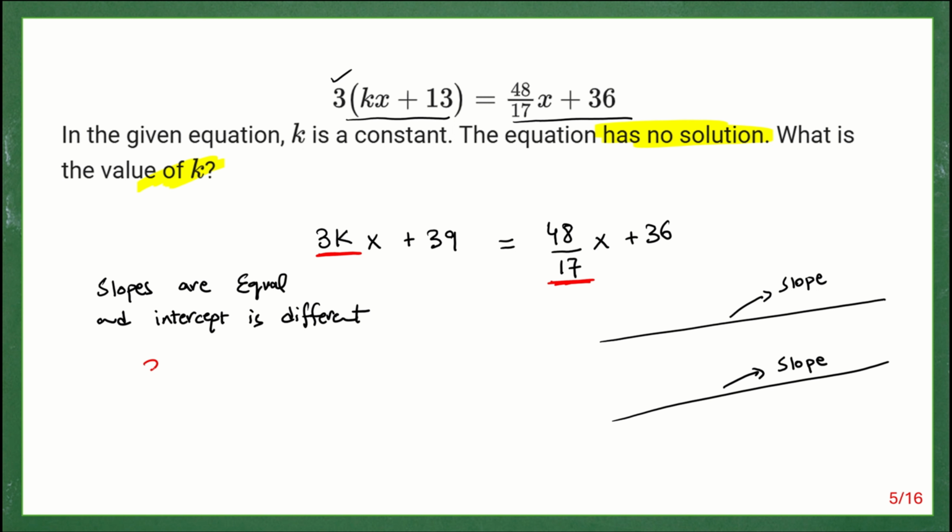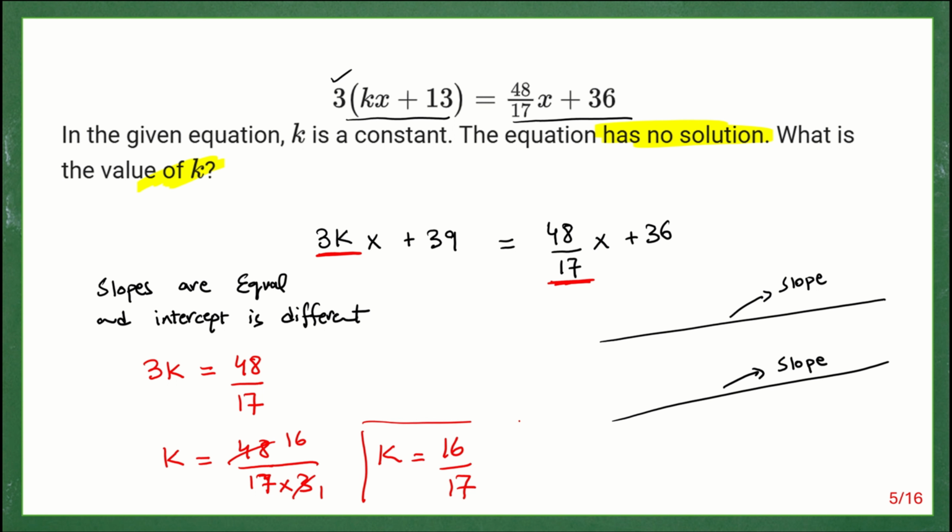So let's equate these two together. 17, and if I cross multiply, k will become 48 over 17 times 3, and let's simplify this thing. This will become 3 1, and this is 16. So the value of k is 16 over 17 here.